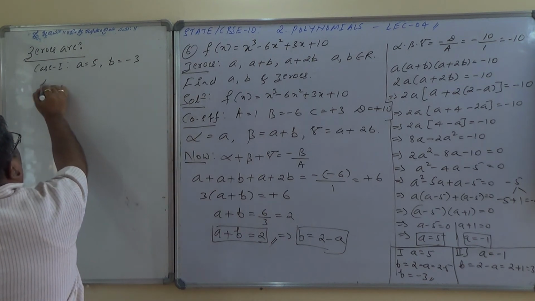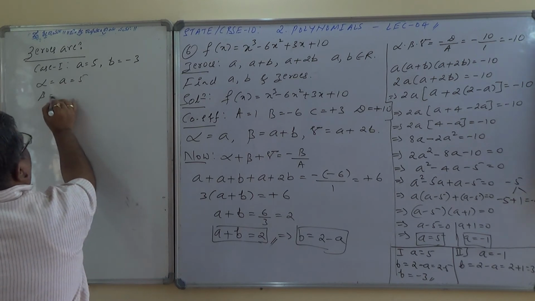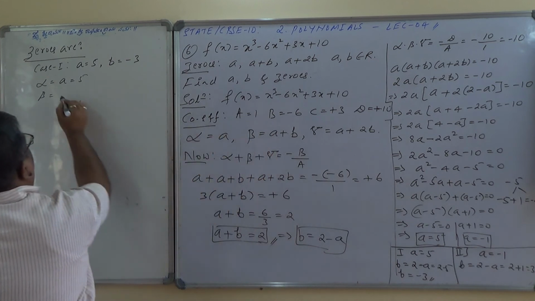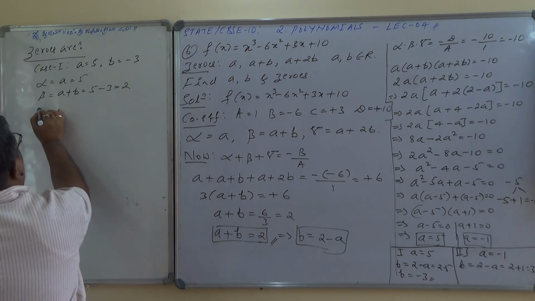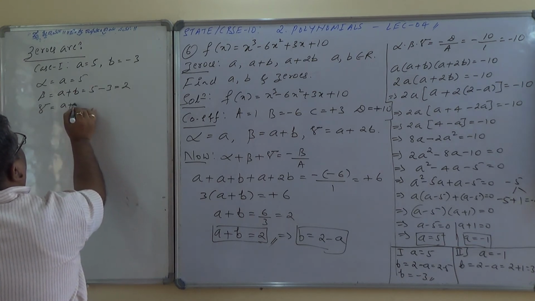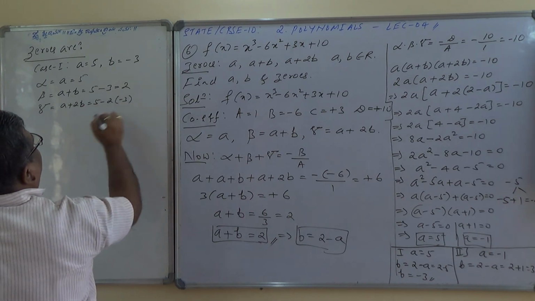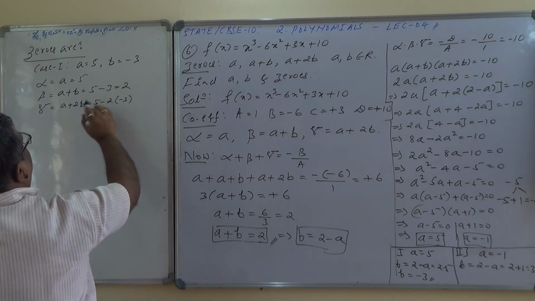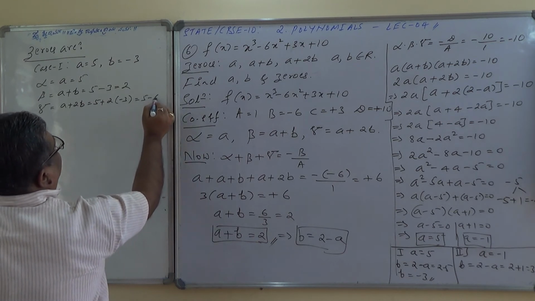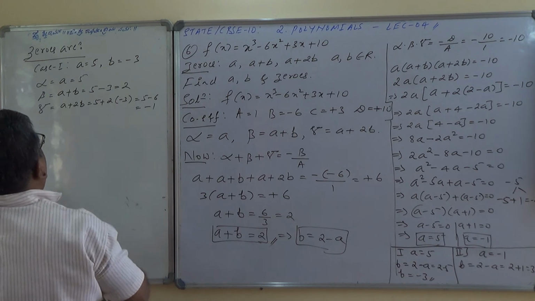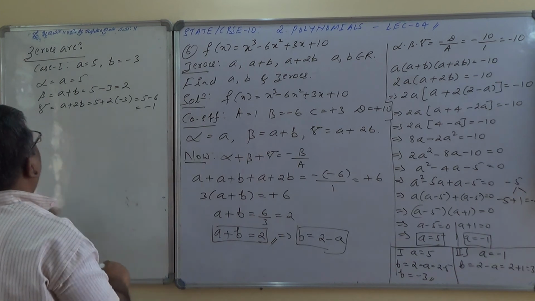Okay, what are alpha, beta, gamma? Alpha equals a equals 5, beta is a plus b equals 5 minus 3, which is 2. Gamma is a plus 2b, 5 minus 2 times 3, which is 5 minus 6, which is minus 1. So alpha is 5, beta is 2, gamma is minus 1. This is one set of zeros.